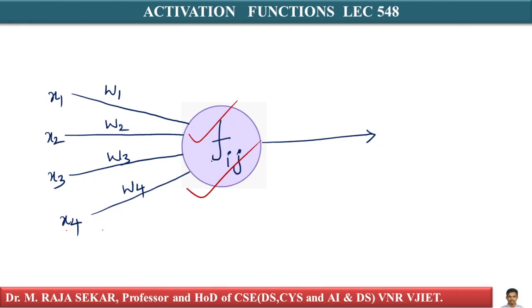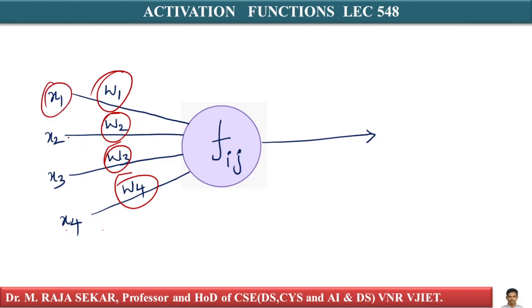Let's call it F_ij. What is this activation function? F_ij with some input weights: W1, W2, W3, W4. I have inputs X1, X2, X3, X4.